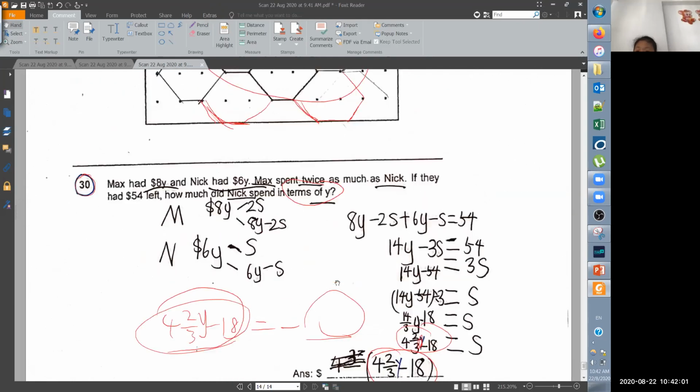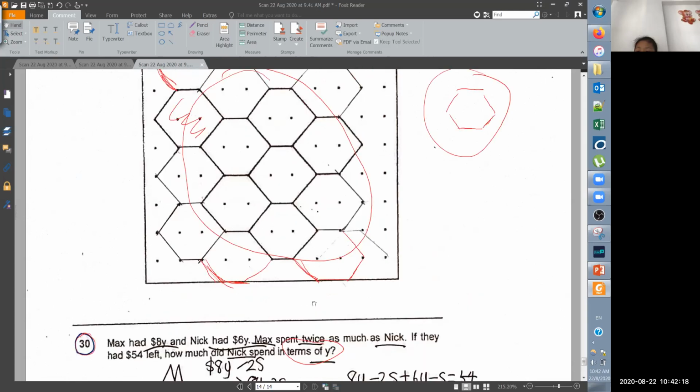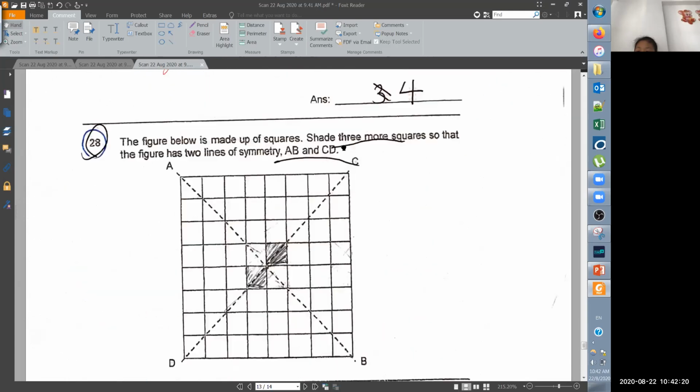Okay, so 其实 for paper one, when you look at the answer, you know that something is not right. Like 4 and 2/3 minus 18. Just by looking at it, you know it's not right. 还有刚才有一题 a to the power of 3, a cube.